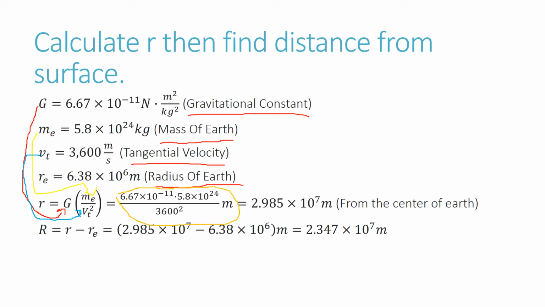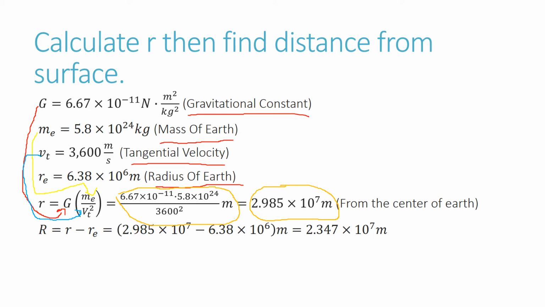And that you can put in your calculator, and you should get a number about like this. And that's going to give you the distance from the orbit to the center of the Earth.